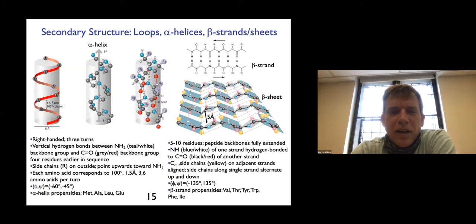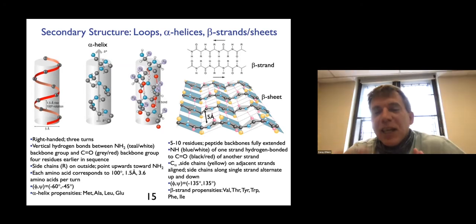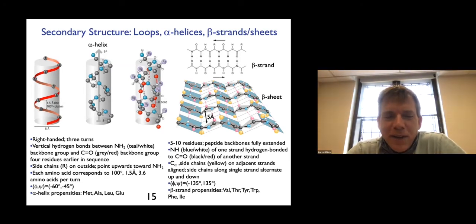And so, for alpha helices, they have this backbone. I'm going to get into it in much more detail, but what we're going to talk about is what are called backbone dihedral angles and side chain dihedral angles.